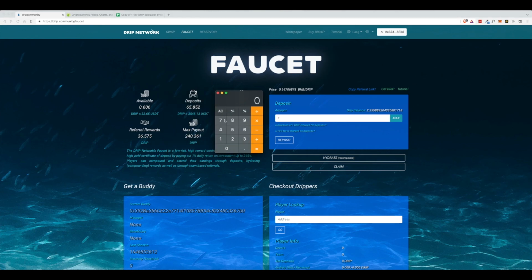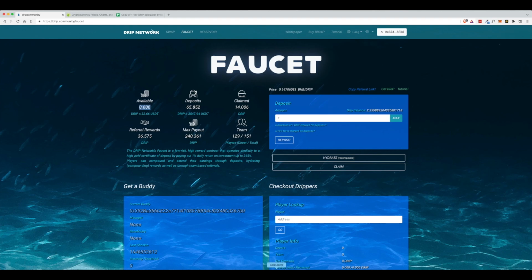So if we take our calculator again and we say we're only going to deposit 1 DRIP token our very first time, and we multiply that by 10%, it's 0.1. So if we take that 1 DRIP token and we subtract that 10% tax, we're left with 0.9 DRIP tokens that gets added to our deposits. And that is not enough for you to earn the 1% in daily rewards.